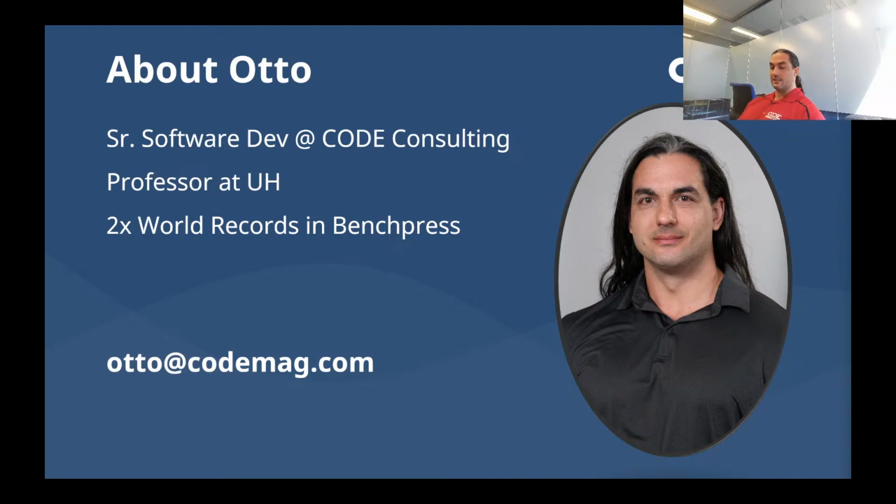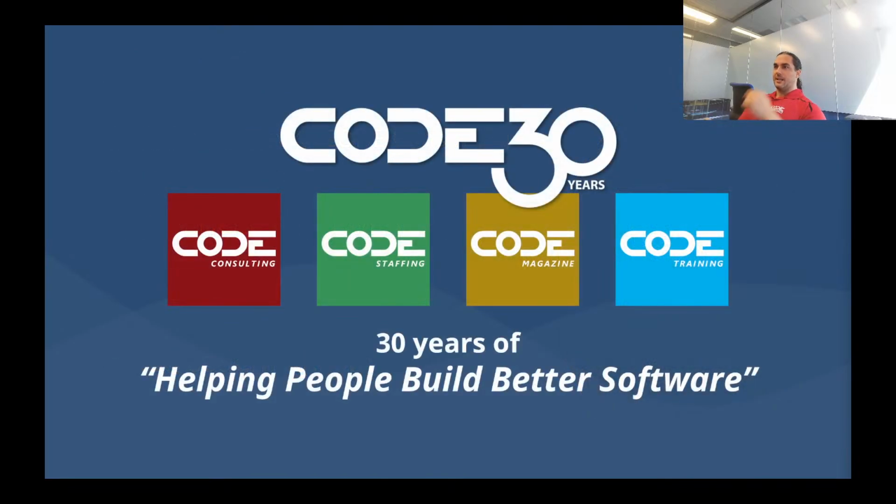Diverse programming classes, everything from C++ to Java, JavaScript, Python, everything you can potentially think of. And in my spare time, when I'm not dealing with computers, when I'm not dealing with code, I am a powerlifter, and I do have 2 world records in the bench press. But enough about me, and let's get into it.